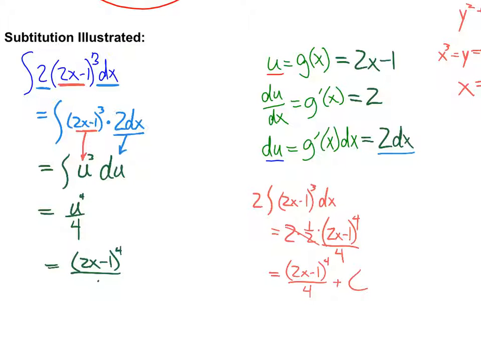That's to the fourth over 4 plus c. So here we're subbing in u, and from here to here we're subbing back in.